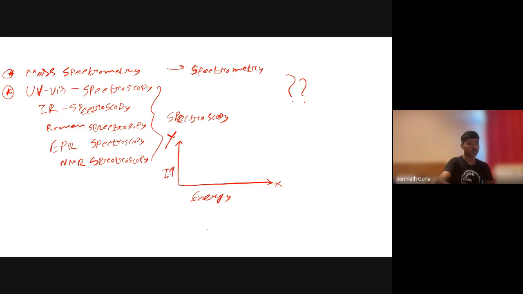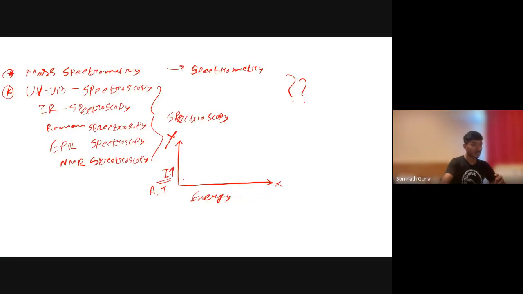Let's suppose UV-Vis: this intensity is called absorbance. In EPR it is called intensity, Raman is called intensity, and IR is called transmittance. Transmittance means how much of my light is actually transmitted through the system, not absorbed by it. So that is one kind of intensity term.